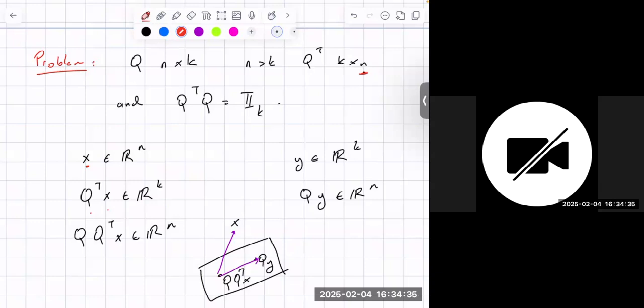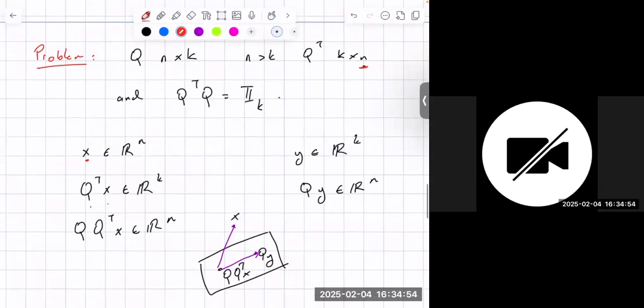However, this is looking n dimensional, but it's living in a particular part of n dimensions, okay? It will always be in a smaller space that is spanned by the columns of this Q.